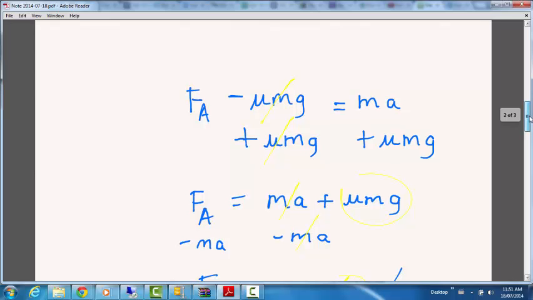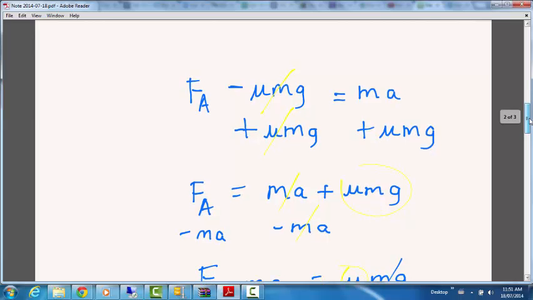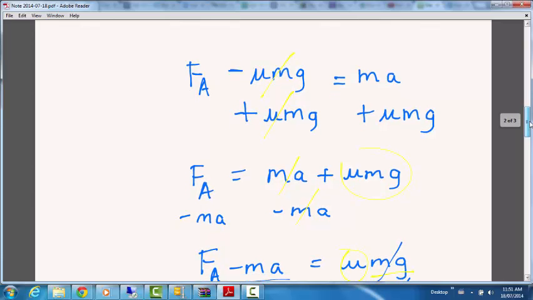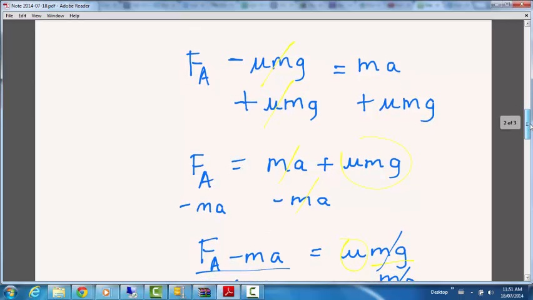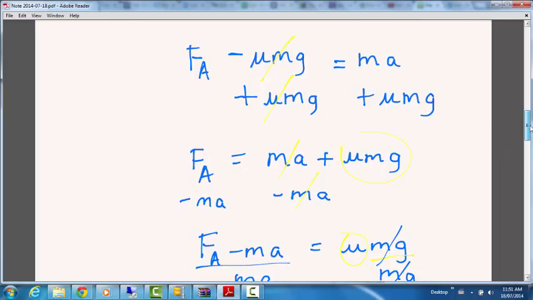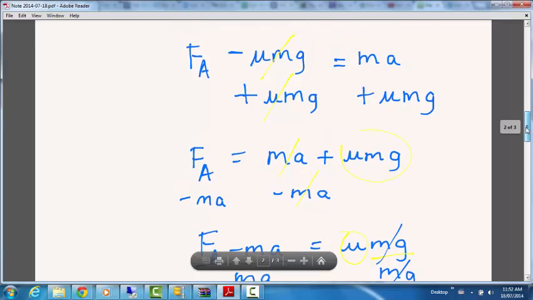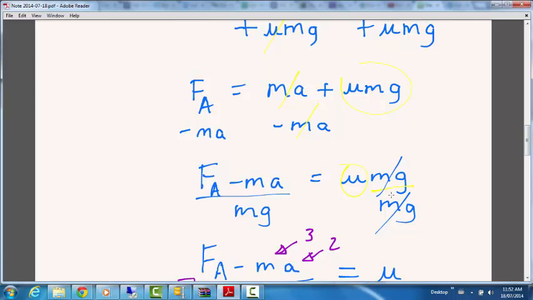We get on the left FA minus MA equals mu mg. I can now solve for the mu. In this case, the mu is multiplied by mg, so I can divide by mg. Whatever I do on the right, I must do on the left. So I'm going to divide the left side by mg. mg cancels out here. I'm left with the expression for mu.